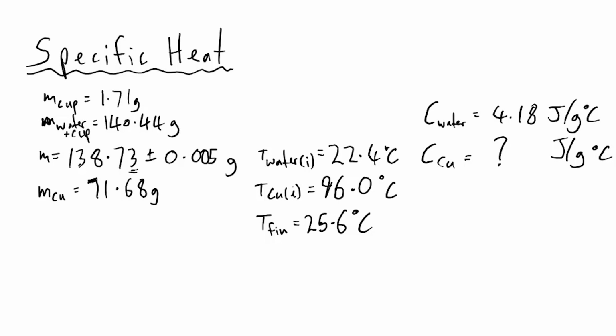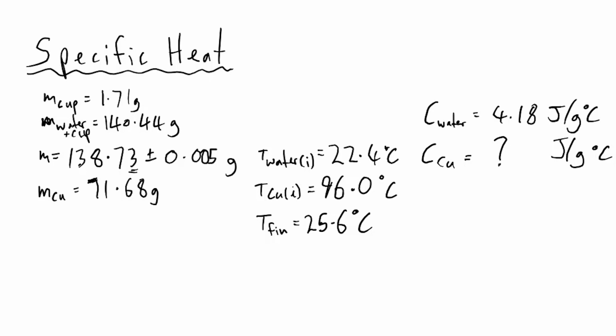So what we want to do is calculate the amount of energy that was gained by the water initially, use that to then calculate the amount of energy that was lost by the copper, and from that we will know how much energy it takes to change the temperature of the copper from 96 down to 25.6.